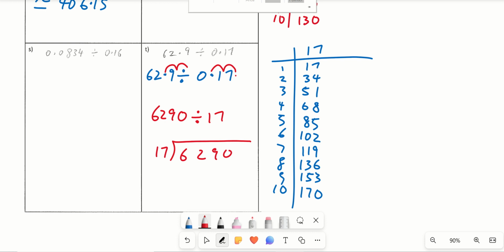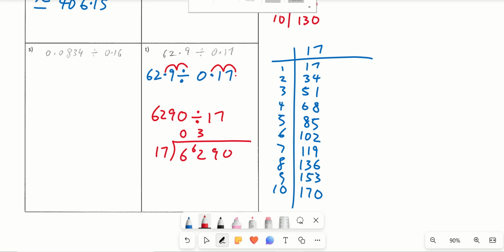So we've got no 17s can go into 6, which means that there's a remainder of 6 which combines with the 2 in the next column to form 62. So we now have 3 17s going into 62. 62 taking away 51 is 11.